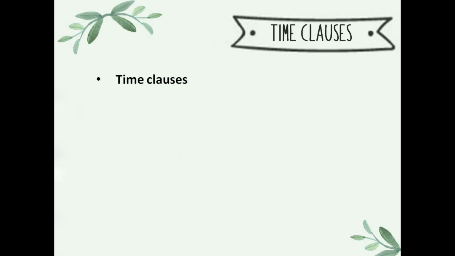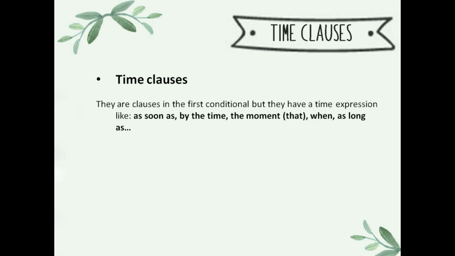And what about time clauses? Well, time clauses are quite easy, they're not complicated, and they're very, very similar to conditional clauses. In fact, they are clauses that are in the first conditional, so they've got the same characteristics as those in the first conditional. That is, the tenses are the present and will. The only difference is that we don't use the word if or unless.